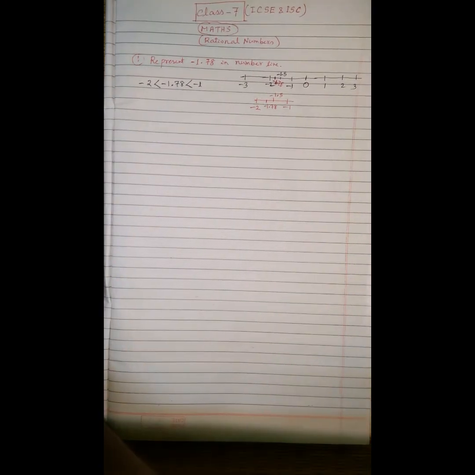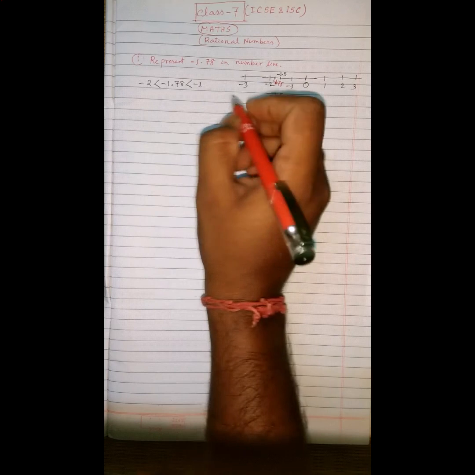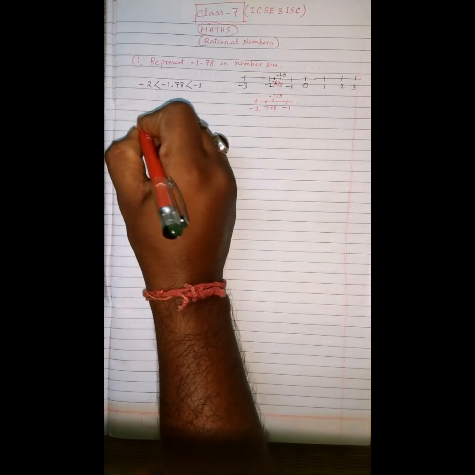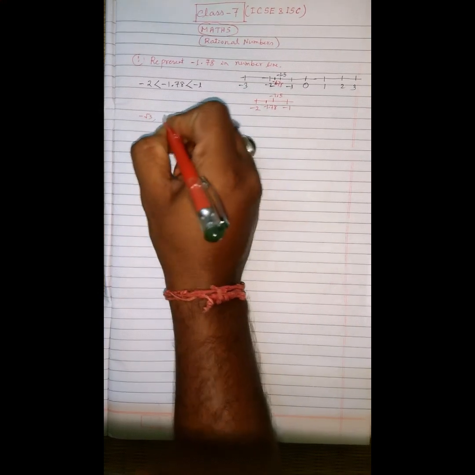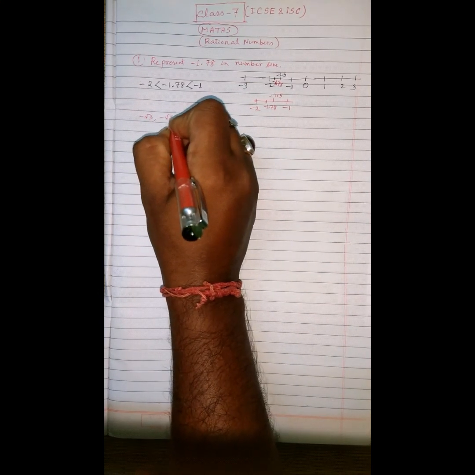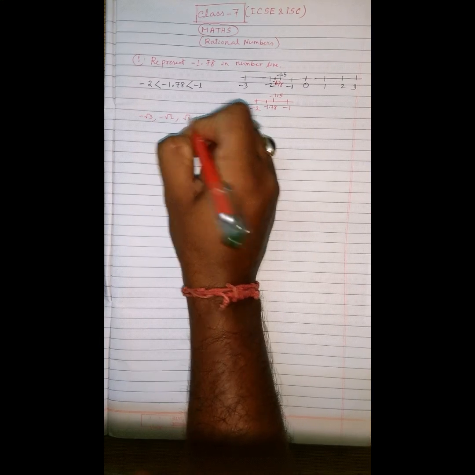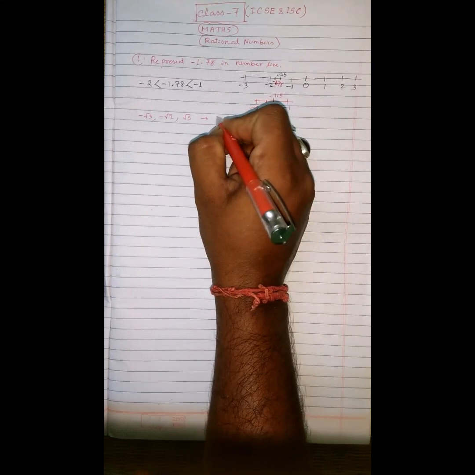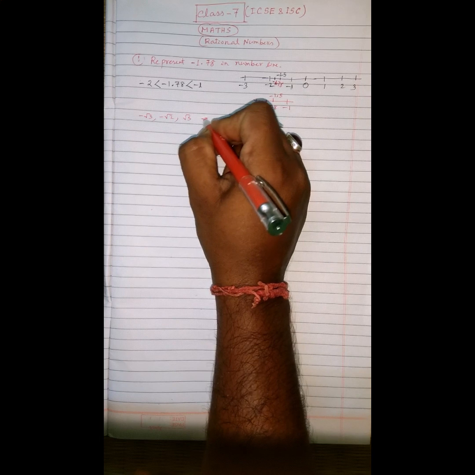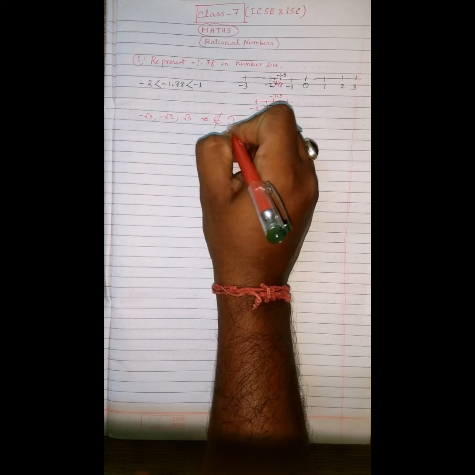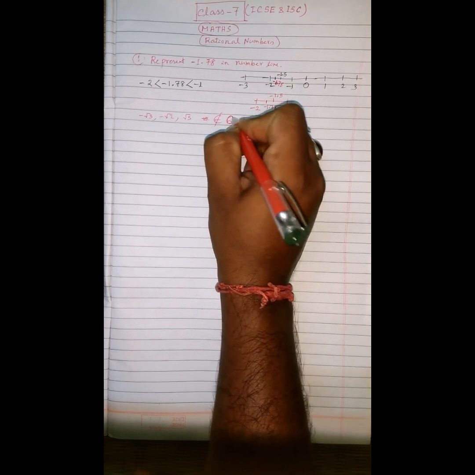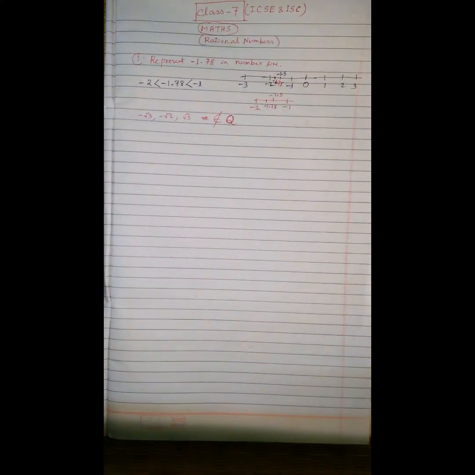Many students make this mistake here. You should know that root 3, minus root 3, minus root 2, root 5 do not belong to rational numbers.